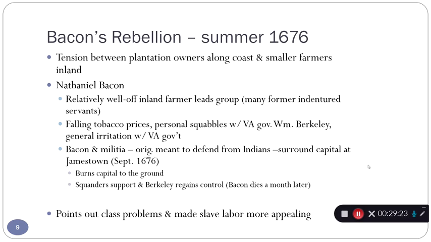And it really does make slave labor more appealing, because one of the great advantages of slavery as an economic system is that enslaved people, by the nature of the system itself, have to work for you until you free them or until they die.